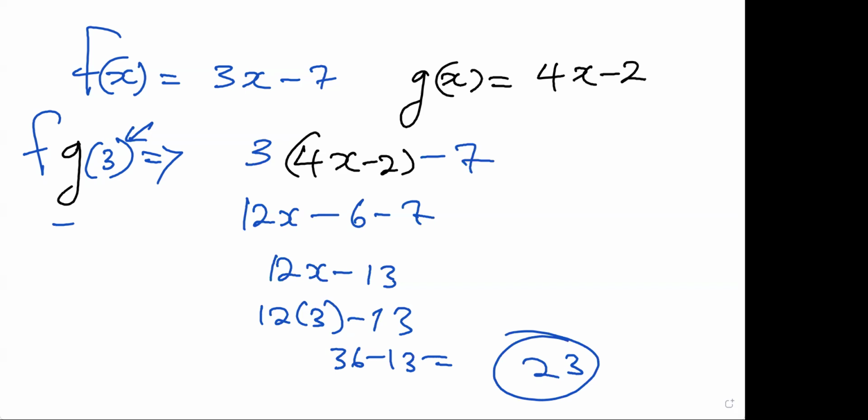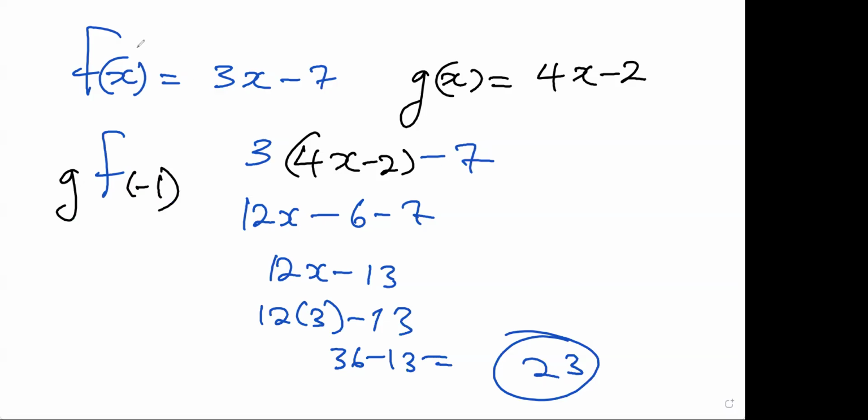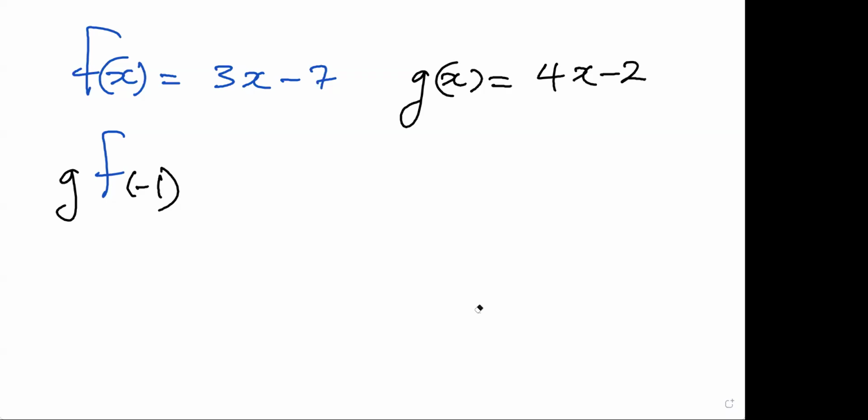Alright, we could do one more before we go. Let's use the same function because we only have 10 minutes. So we are going to do gf of negative 1. So we are dropping a negative now. Alright, so write back f, f says 3x minus 7. That is our x. Write back g now.